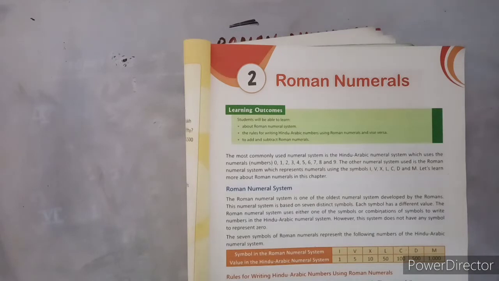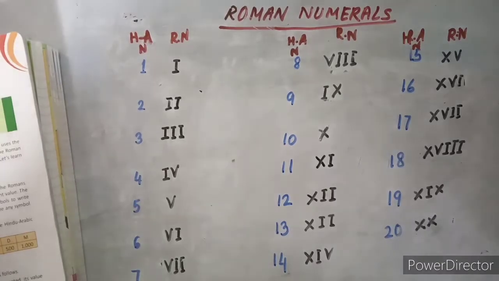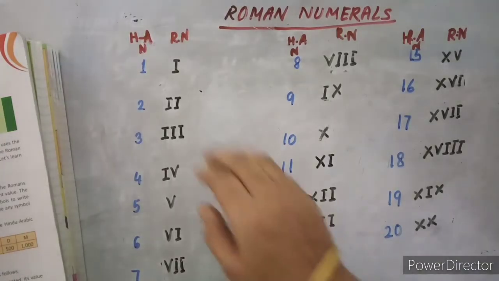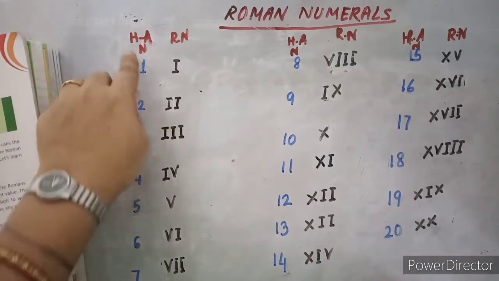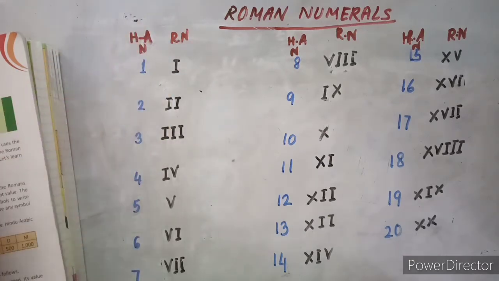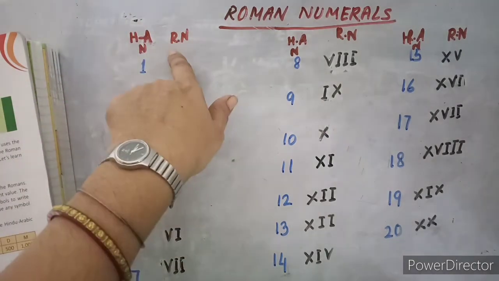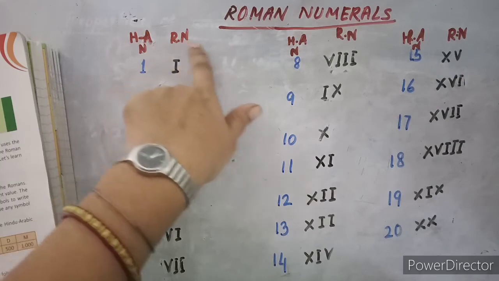Okay, so in your notebook just write down the Roman numerals. Just take out your notebook and write down. Now students, if you can see here, I have given you the table. This blue color is Hindu Arabic numerals, and the black color I have written is Roman numerals.